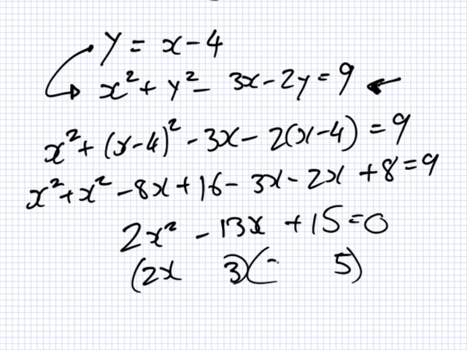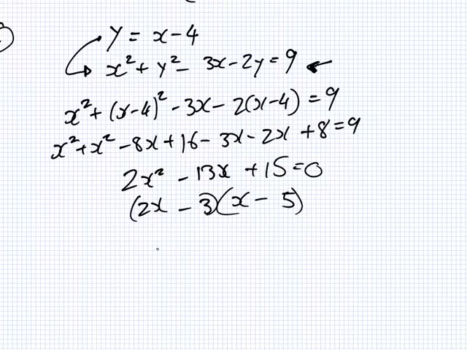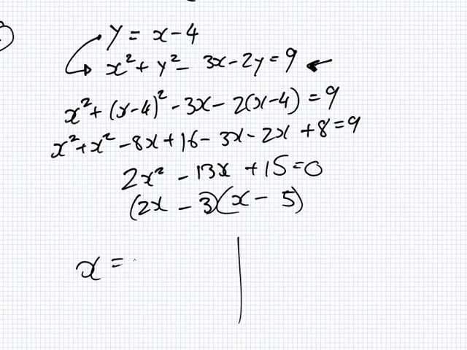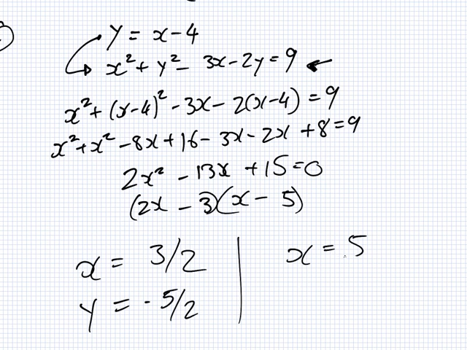Like this, isn't it? So I have two answers here. x is 3 over 2 and y is 3 over 2 minus 4. 1.5 minus 4. What's that? Minus 5 over 2, is it? Yeah. Or either x is 5 and y is 1. Yeah?